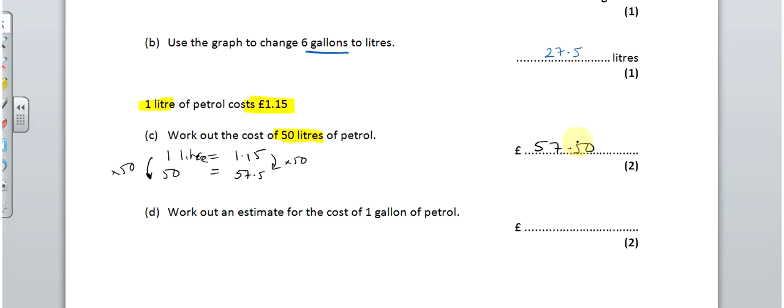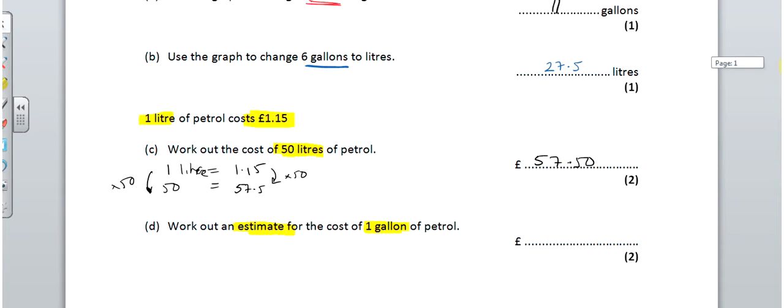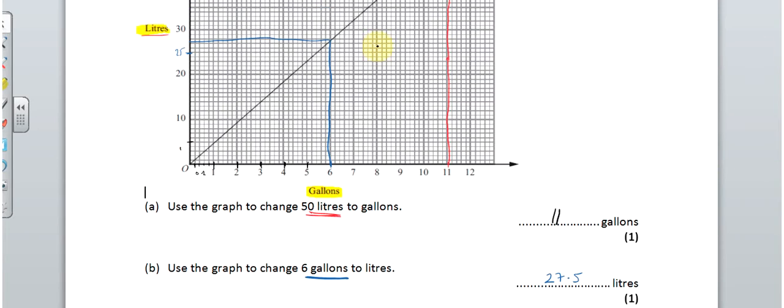£57.50. Now, work out an estimate, that's the next question, for the cost of 1 gallon. Now, I don't know the price of gallons, I only know the price of litres. So they obviously want me to use the graph here to turn 1 gallon into litres. So let's go and do that. 1 gallon. So there's a gallon there. We look at the gallons.